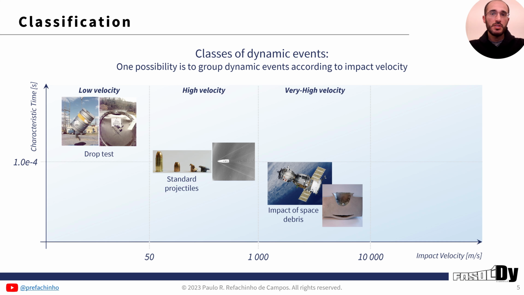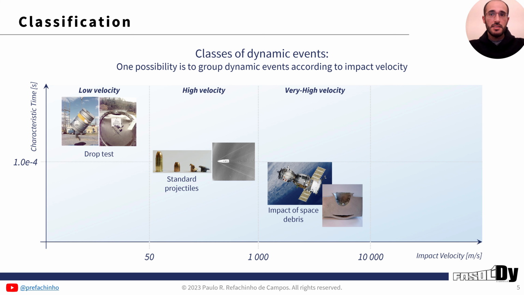So the impact of space debris on satellites, for example. So this type of phenomena involve high levels of energy. So the impact energy involved in this type of problem is extremely high. So note that we are talking about up to 10,000 meters per second.